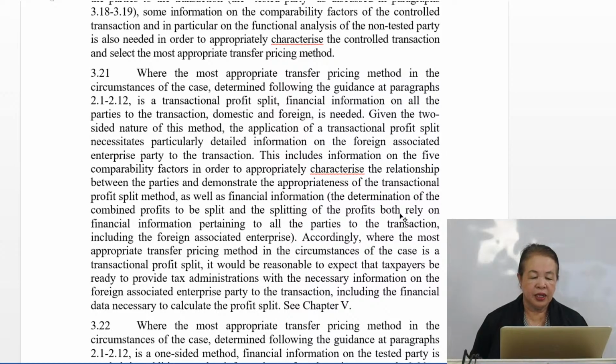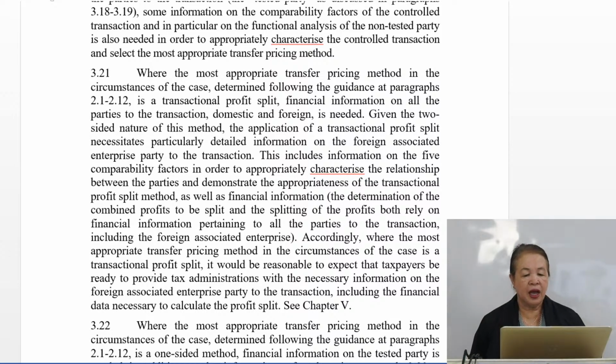No? As well as financial information, the determination of the combined profits to be split and the splitting of the profits both rely on financial information pertaining to all the parties to the transaction, including the foreign associated enterprise.